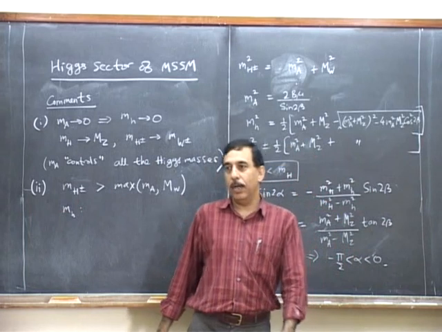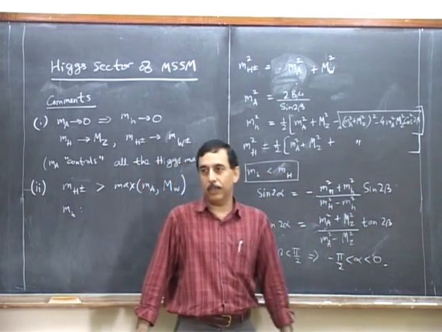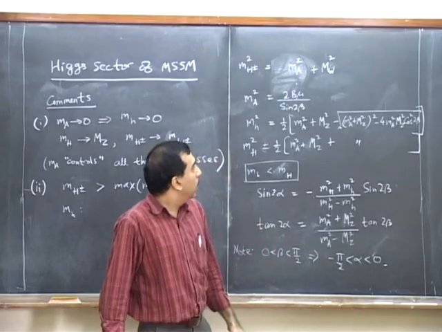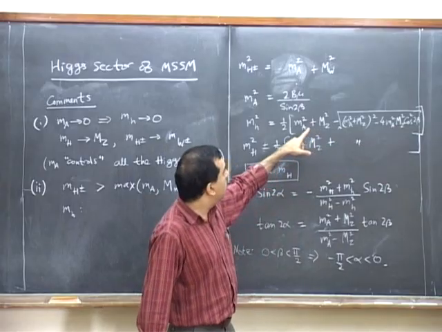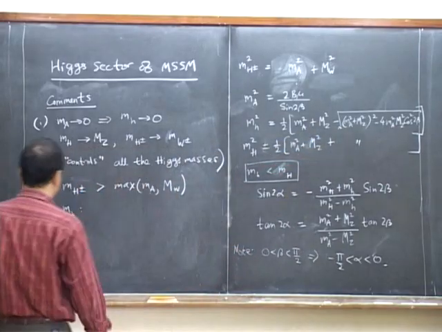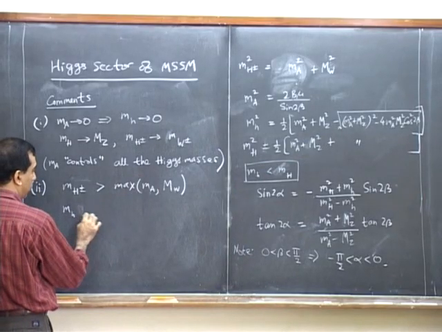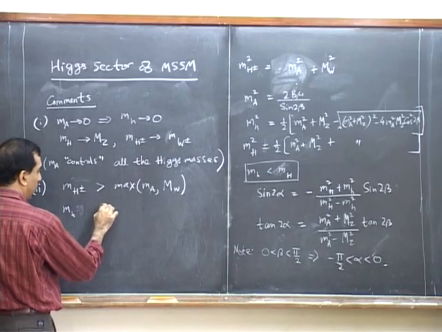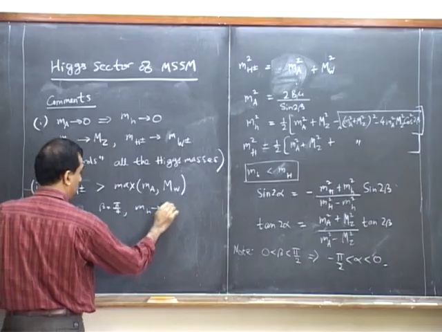Pi by 4 means that V1 and V2 are equal, the VEVs V1 and V2 are equal, but then tan beta is 1. So in that case this term vanishes and this just cancels this, and so Mh goes to 0. So we learn that for beta equals pi by 4, Mh goes to 0.